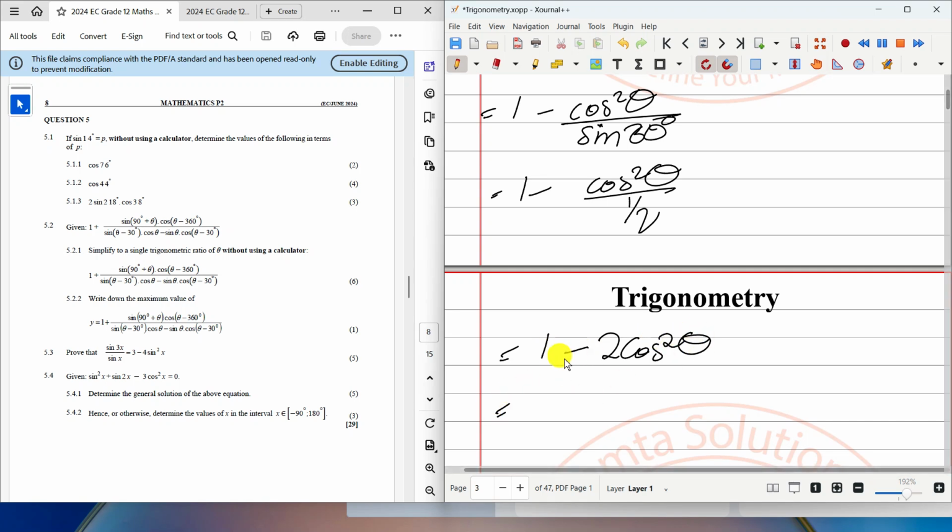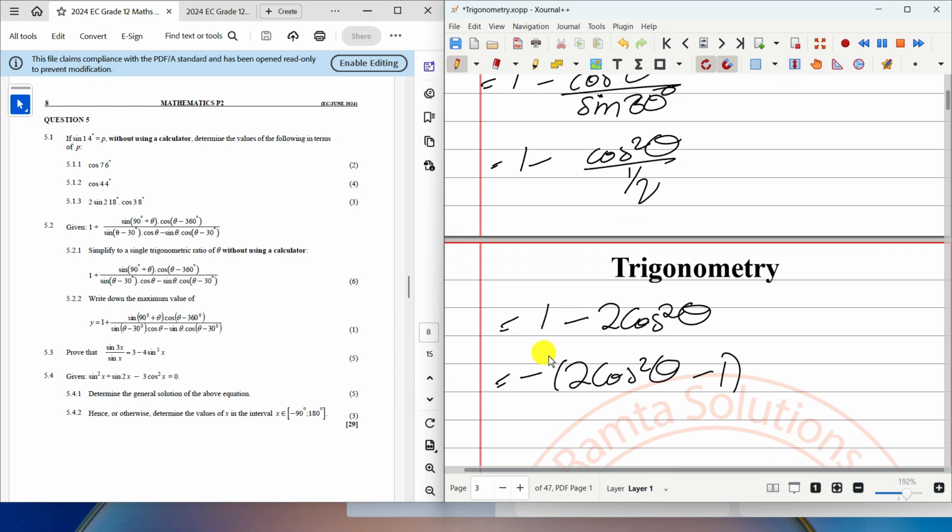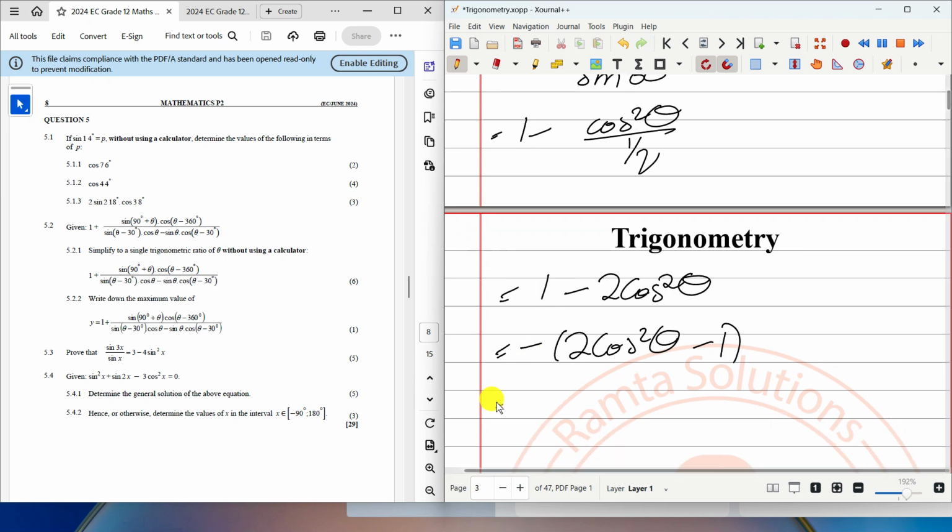And this looks like your double angle of cosine, but in case you don't see it in that way, take negative as a common factor. You're left with 2 cos square theta minus 1. Have you not seen this before? You have, right? And what is this?